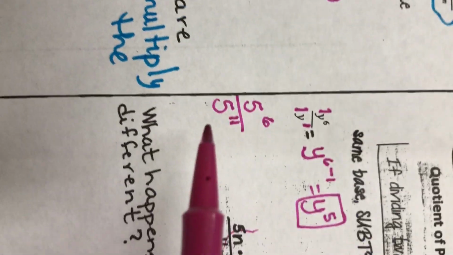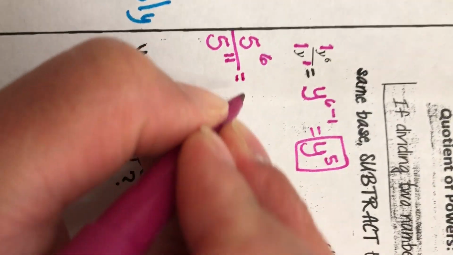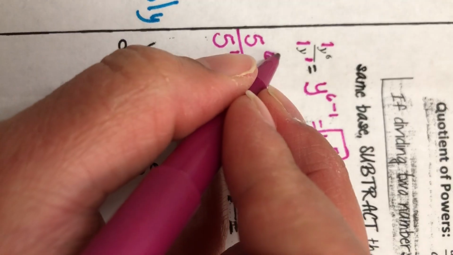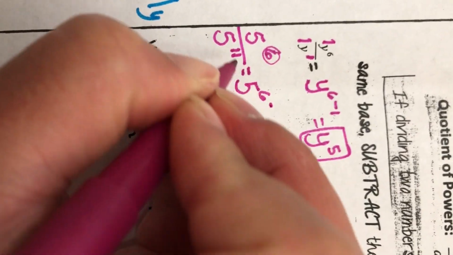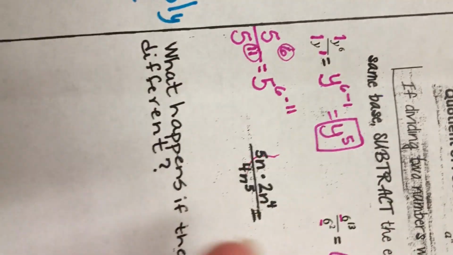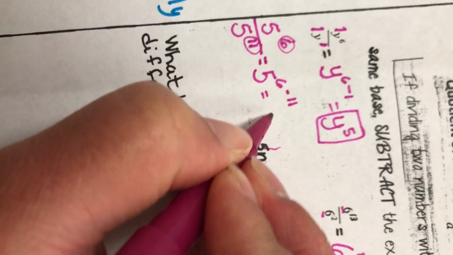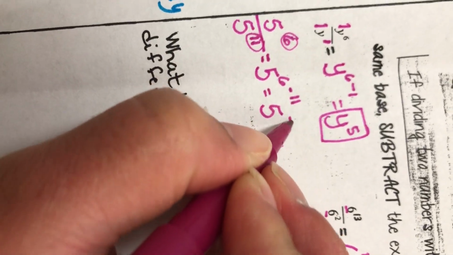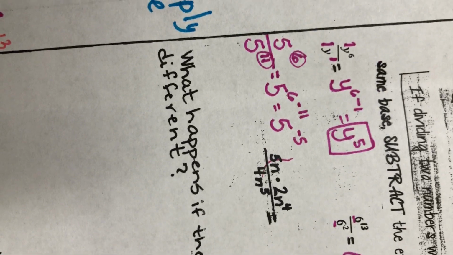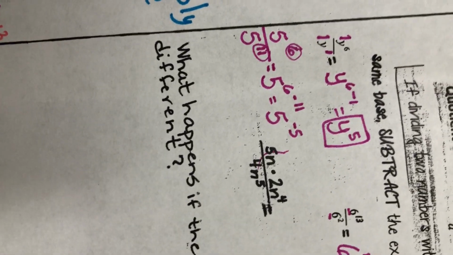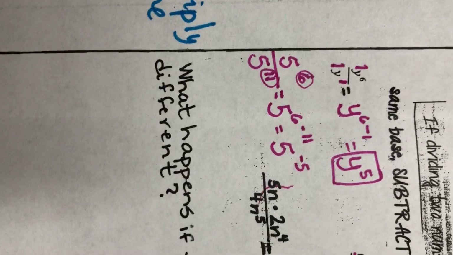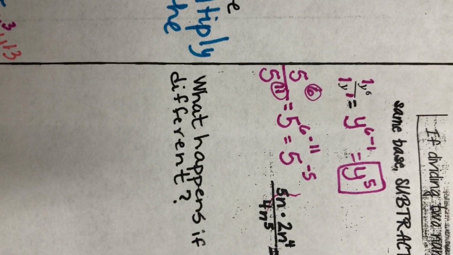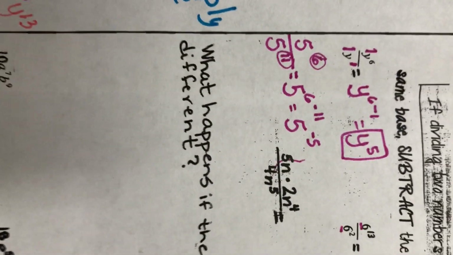The bases are the same, and there's no variables, so leave it alone. And then I'm going to end up doing 6 minus the 11. Well, guess what? 6 minus 11, that's a negative 5. And there's another rule in the laws of exponents called the negative exponent rule, which states that negative exponents are unhappy where they're at.